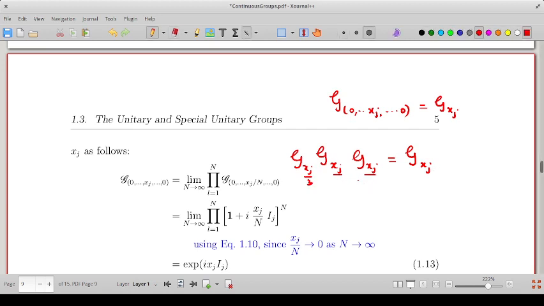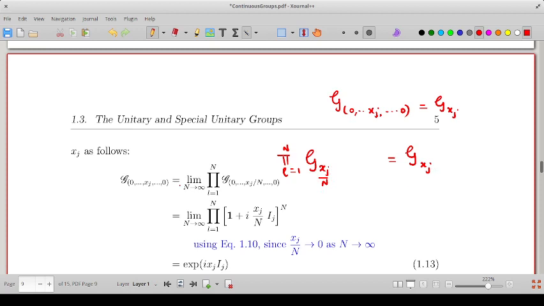But instead, if I write G(x_j by n), G(x_j by n) and take the product n times, that is, the product with l running from 1 to n of G(x_j by n). So that is a product of n terms of this. So the parameter corresponding to this product will be the sum of these parameters. There are n of them. So n into x_j by n, which is x_j.